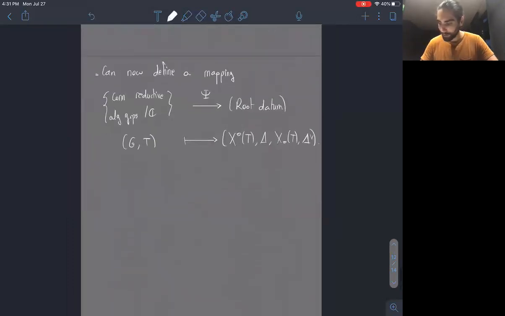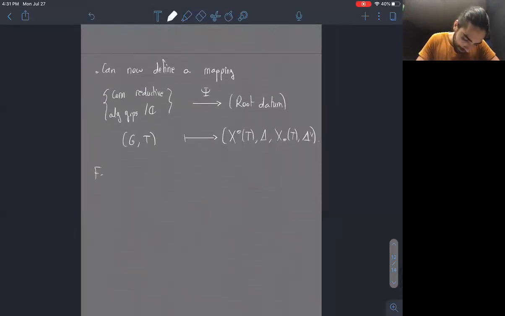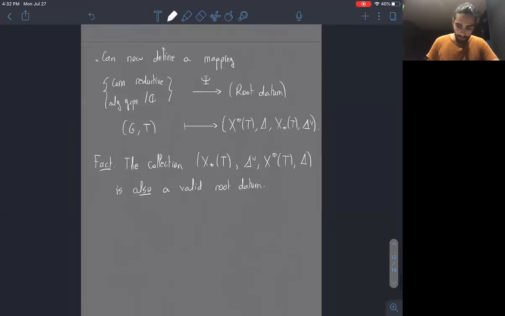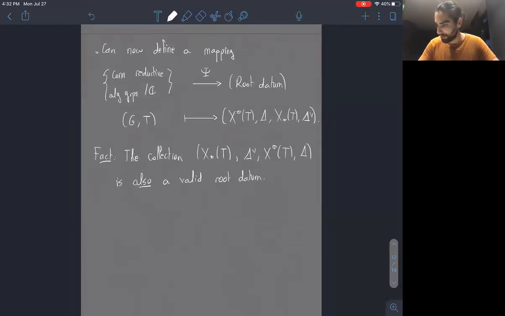Before talking about this in more detail, one key fact which is important for the purposes of our mini course is that the collection where I reverse weights and co-weights and roots and co-roots, so if I just look at first co-weights and co-roots, then weights and roots, that's also going to form a valid root datum.